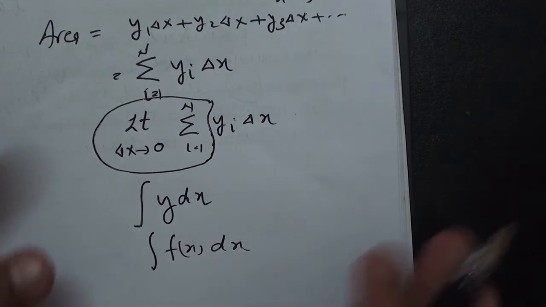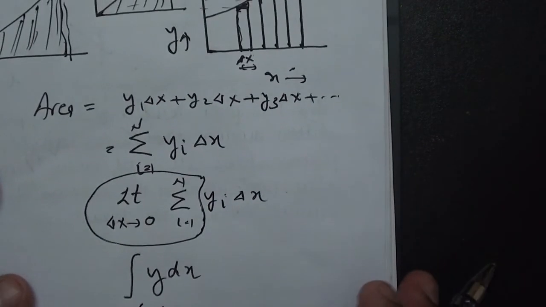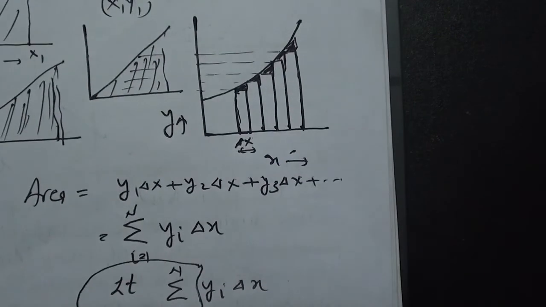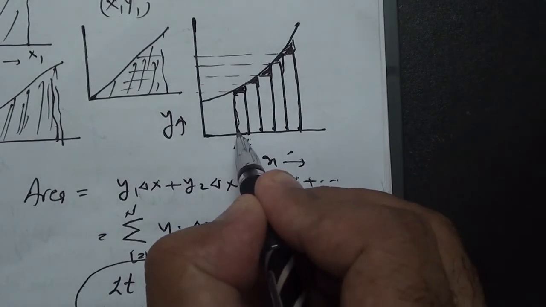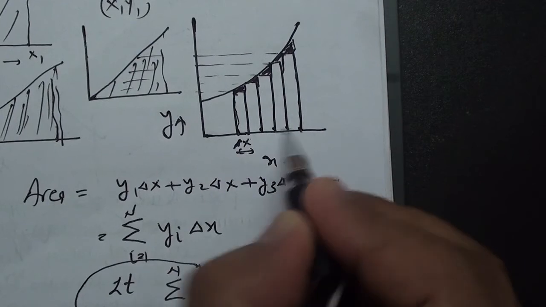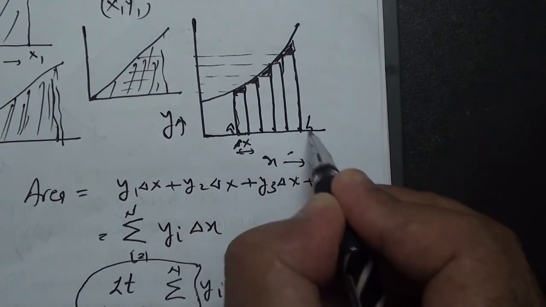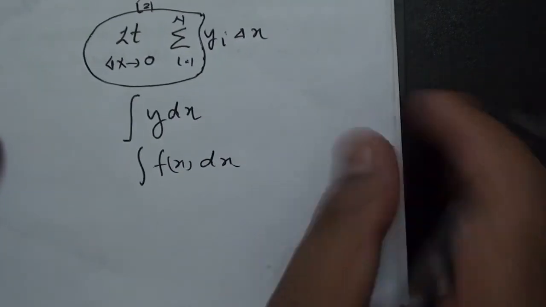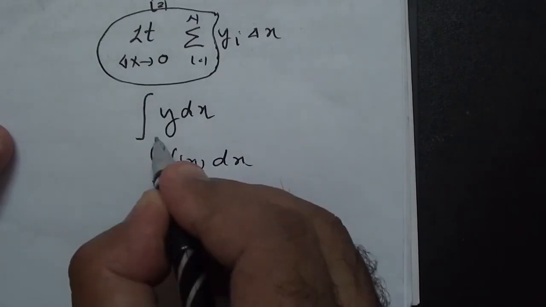And the value of x is varying, and those values of x from the lowest value of x and the highest value of x we call limits of integration. Suppose x is a here and x is b here, then I will write here a to b.